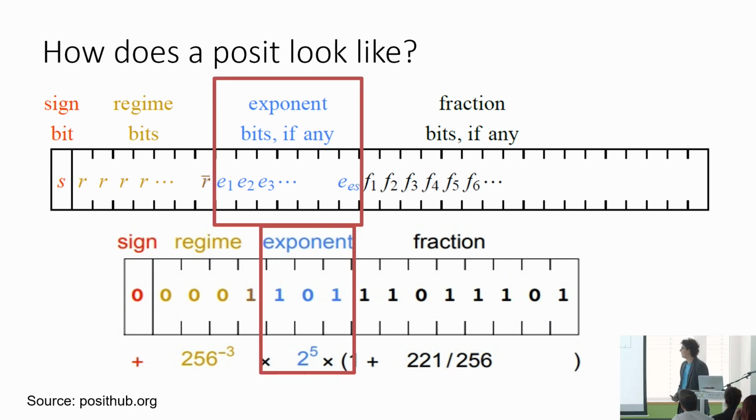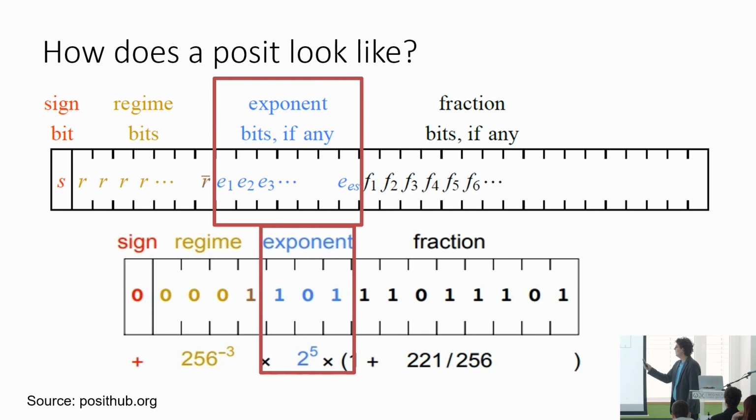So let's go with the exponent. There are actually 2 values that define a Posit environment, and one of them is the total number of bits, so the length of a Posit, and the other one is the size of the exponent. So this is fixed, or at least the maximum if it is fixed, because the regime can take up all of the bits.